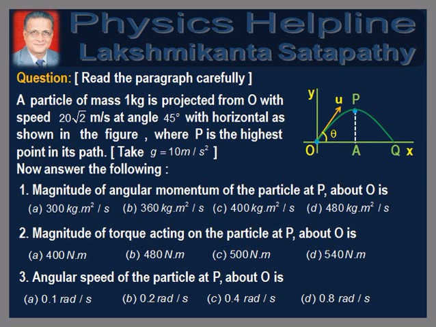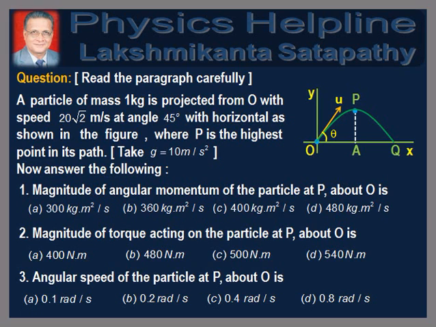Question 2. Magnitude of torque acting on the particle at P about O is, the options are 400 Newton meter, 480 Newton meter, 500 Newton meter, and 540 Newton meter.